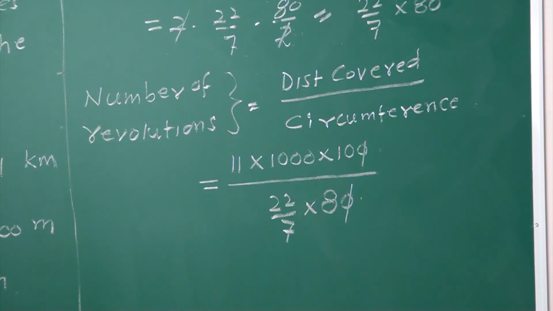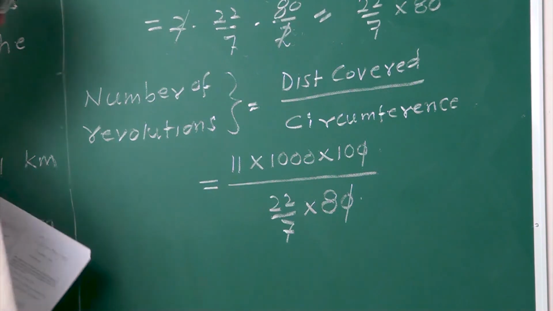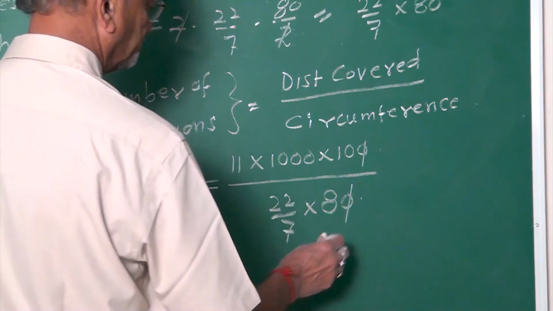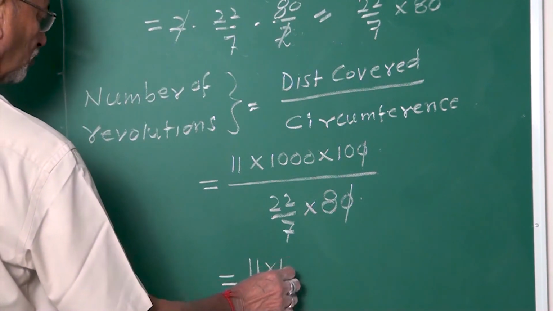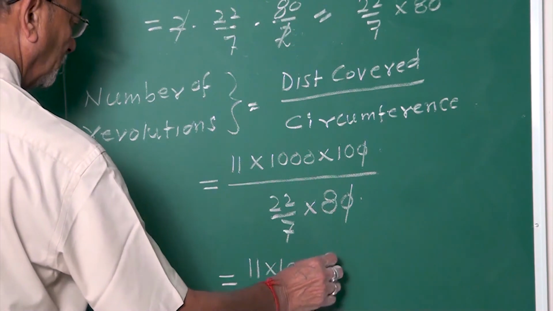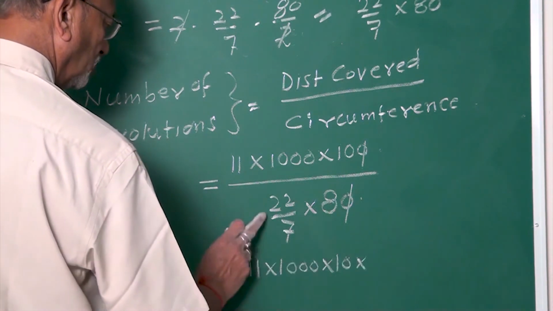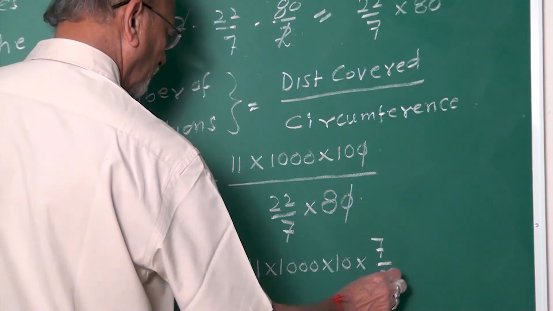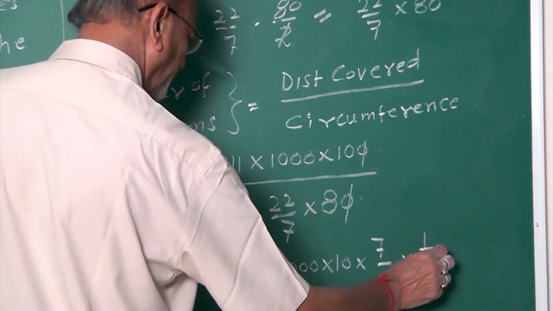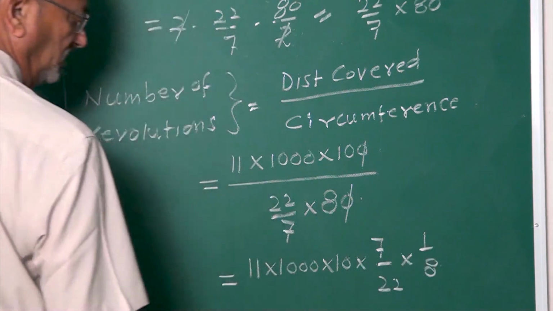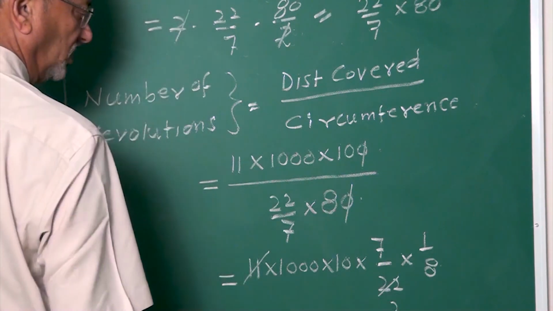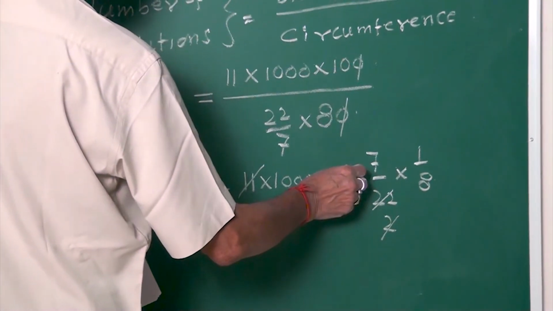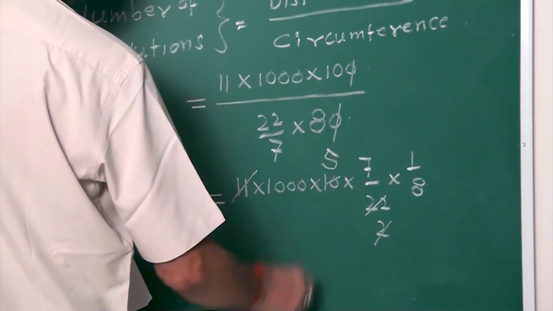I will simplify this further. This is equal to 11 into 1000 into 10 into 7 upon 22 into 1 by 8. This 11 cancels with 22, leaving 2. This 2 cancels with 8, and 20 means 5.